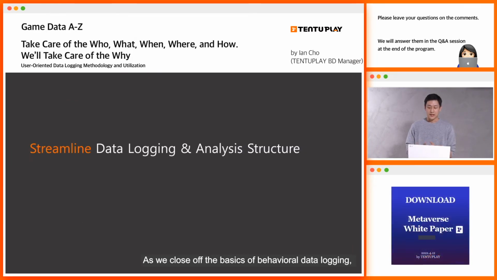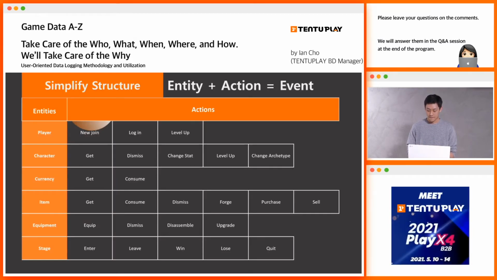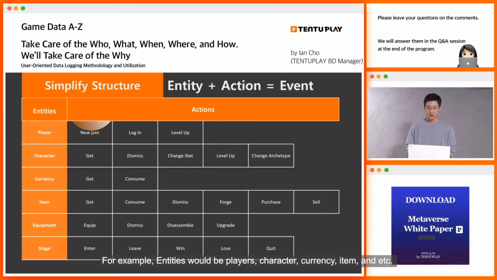As we close off the basics of behavioral data logging, I would like to talk about how to generalize and streamline the process so that it is more useful and easy to analyze. First, simplify the structure of log data. For us, we divide events into entities and actions. For example, entities would be players, characters, currency, items, and etc. These are the principal agents that are conducting an action or receiving an action.